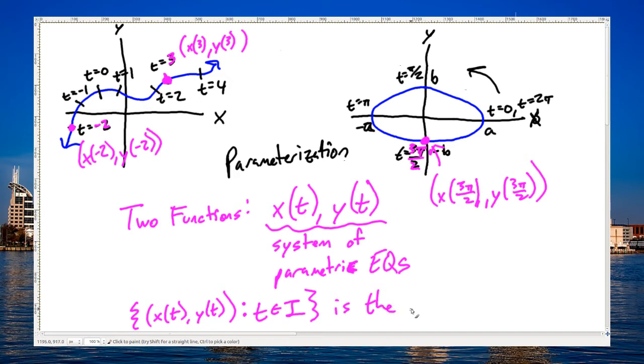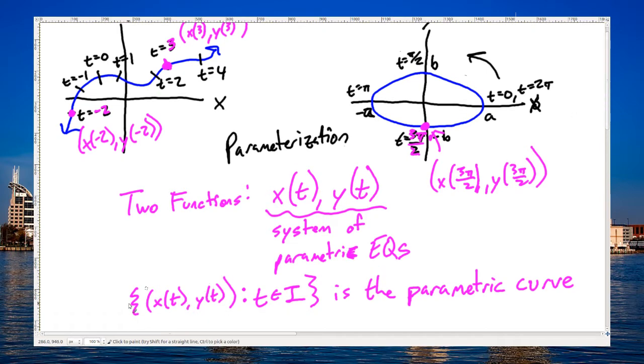That set of points is the parameterized curve, or a parametric curve. So what does it mean for t to be in the given interval for that parametric curve? I'll talk about that in a second.